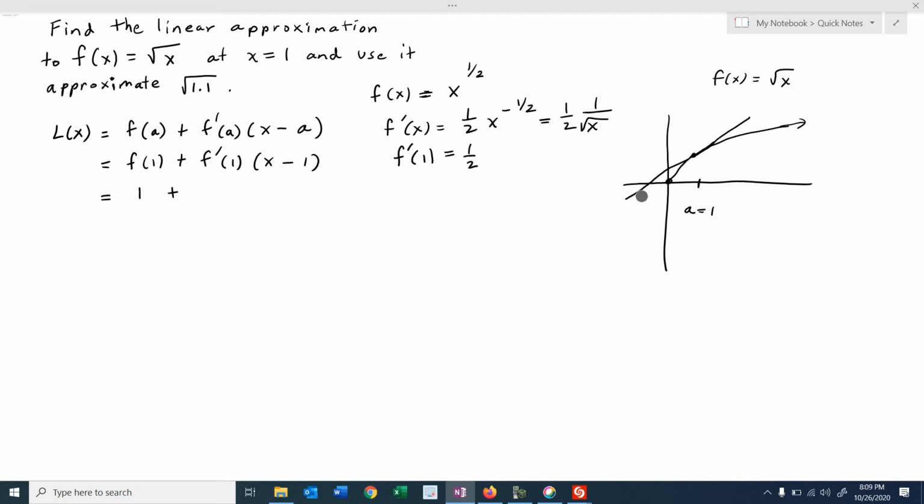And that's really the slope of this tangent line right here. Then notice this point right here is (1, 1). That's the point that we know on this particular tangent line, and that's why we're plugging a 1 in here and a 1 in here.